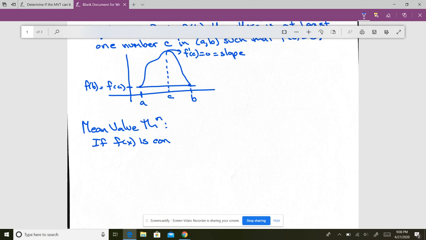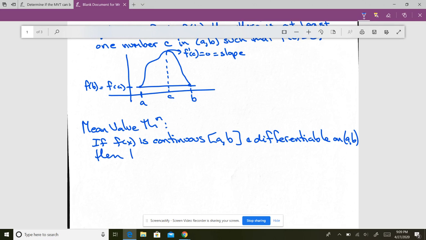is continuous, everything has to be continuous. No jumps, gaps, asymptotes, anything like that. On [a, b], and differentiable on (a, b) as well.